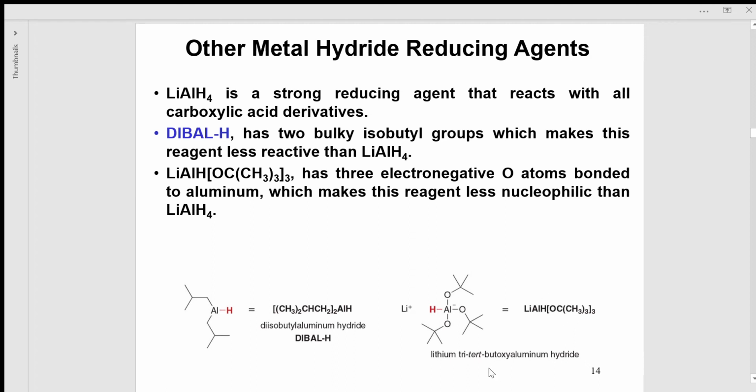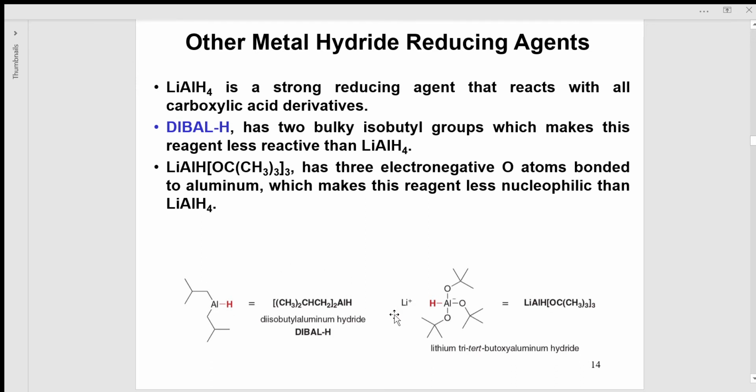It's a very long name. The difference between these two reducing agents and lithium borohydride or lithium aluminum hydride is that these two are mild reducing agents.